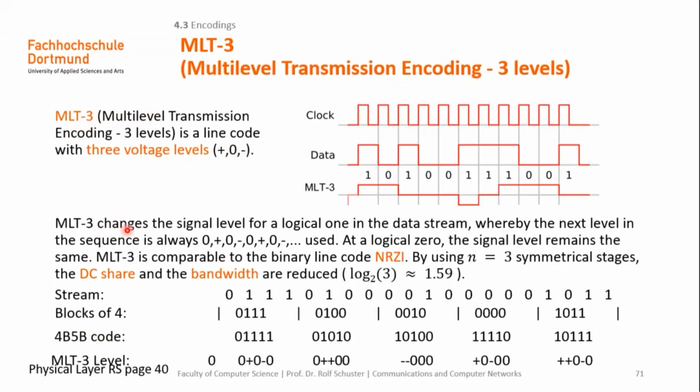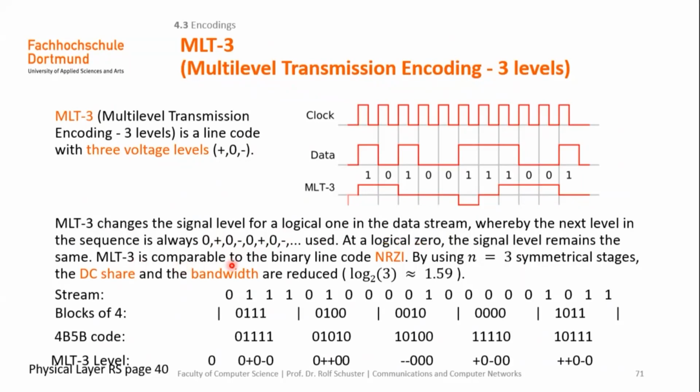MLT-3 changes the signal level for a logical one in the data stream, whereby the next level in the sequence is always: positive voltage, 0, negative voltage, 0, positive voltage, 0, negative voltage. At logical 0, the signal level remains the same.